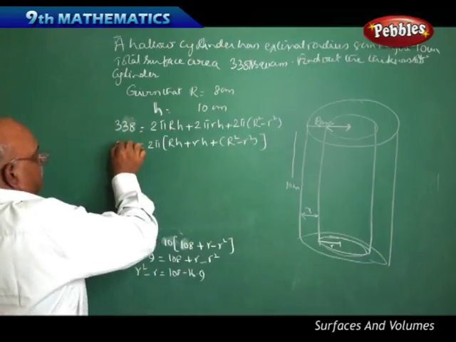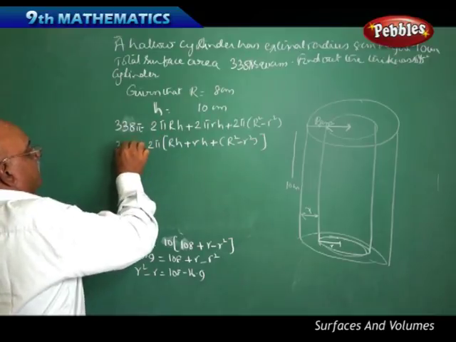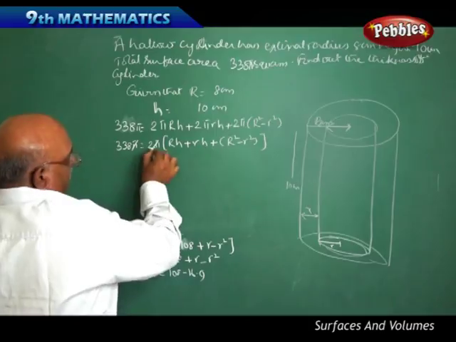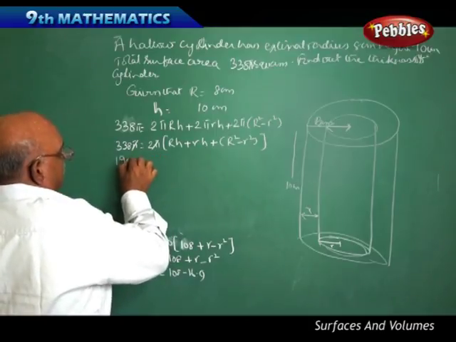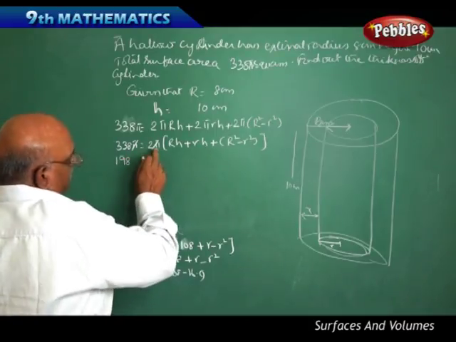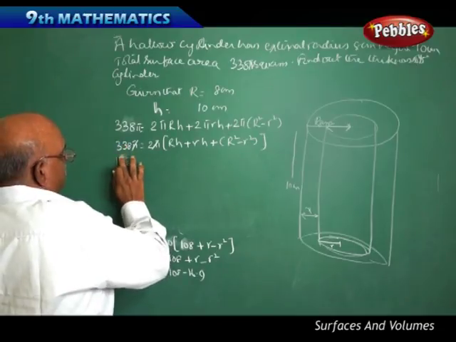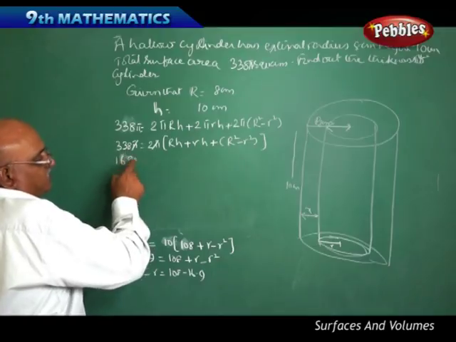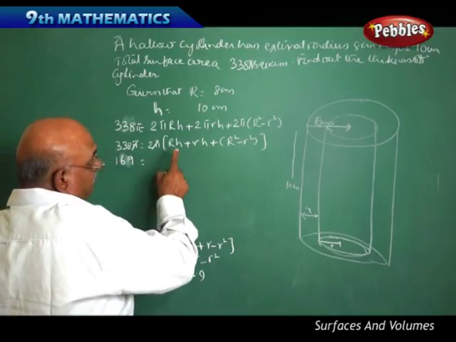Here, this is 338 pi. Therefore, you can cancel pi and pi. Therefore, this is going to be 169, because 2 16s are 32, 2 9s are 18. Capital R is 8.